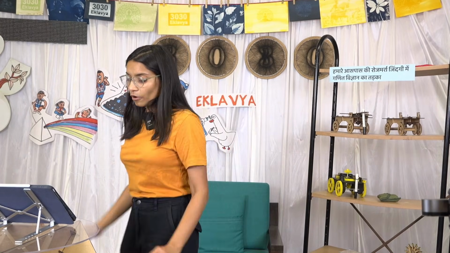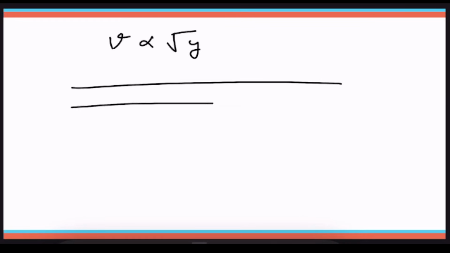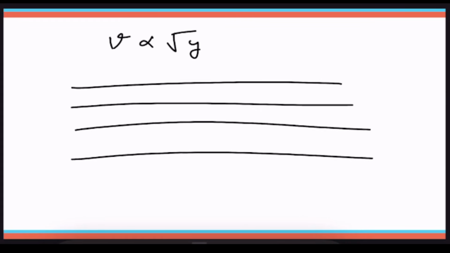So if we think of it, what it did is, it said that I know that velocity is proportional to root y, so I have to make something to change the velocity of light. What you have to change is the refractive index, and he wanted to change the velocity as a function of root y.